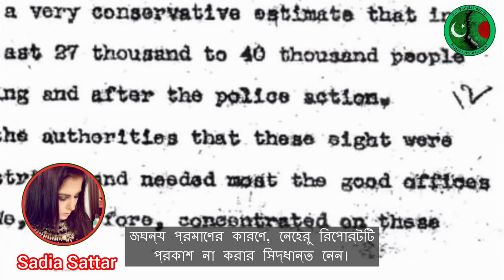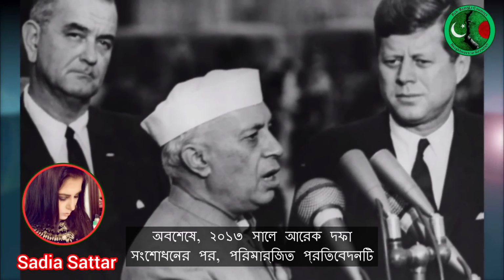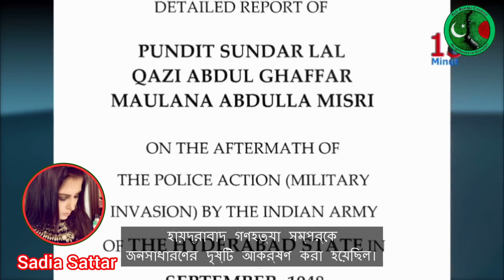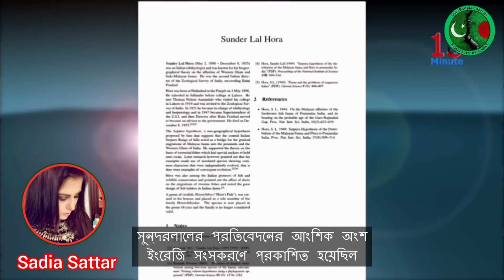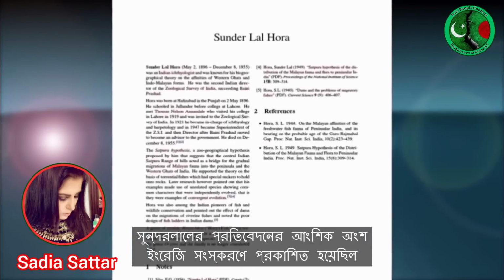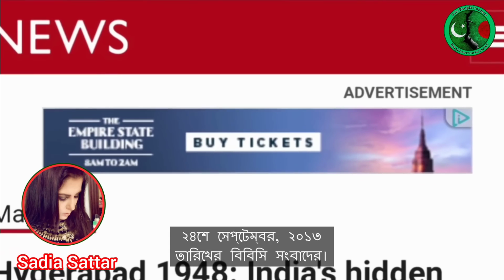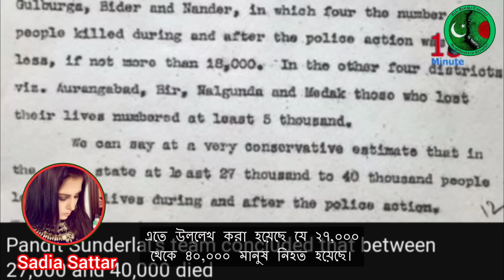Due to the damning evidence, Nehru chose not to release the report. Finally, after another round of revisions in 2013, the refined report on the Hyderabad massacre was brought to public attention. The partial portion of Sundarlal's report was published in the English version of the BBC News on September 24, 2013. It mentioned that between 27,000 and 40,000 people were killed.